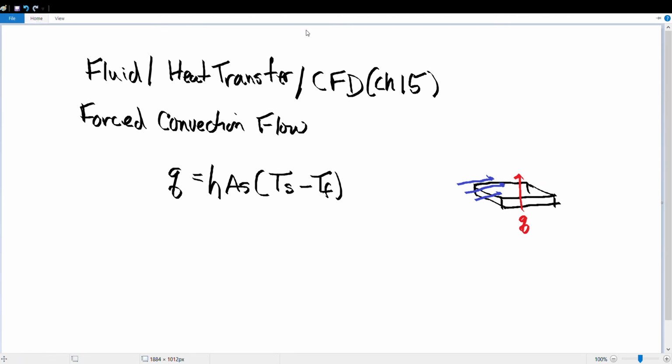The area we're talking about is basically the area of the top surface there. The temperature of the fluid is T sub F, and the temperature of the surface, also the top here, is T sub S. Now the big question is, how do we determine the heat transfer coefficient here?